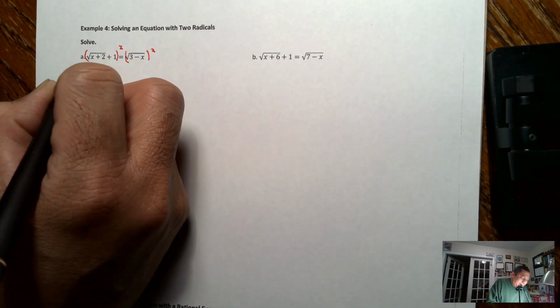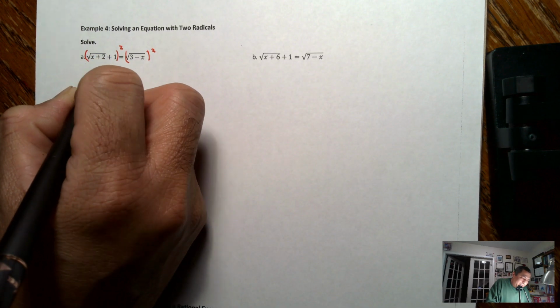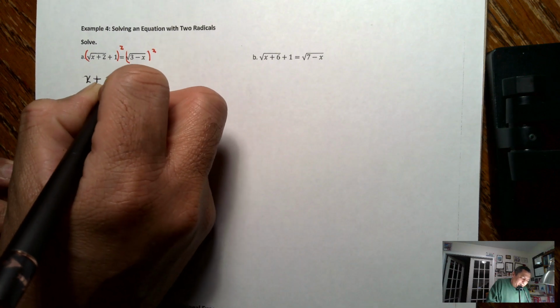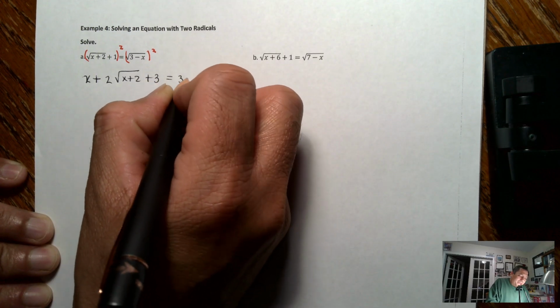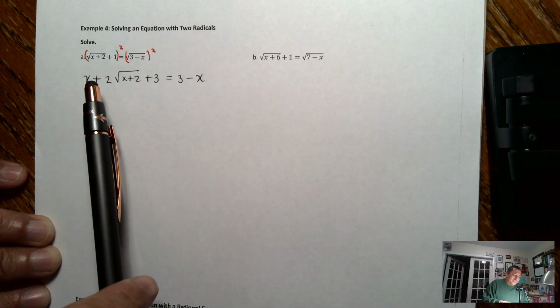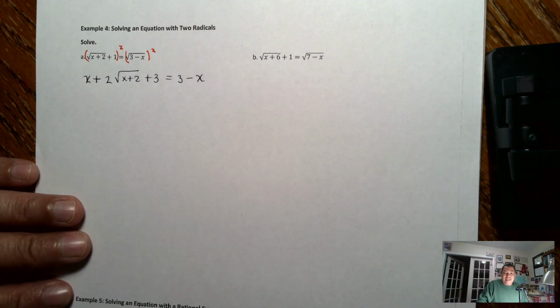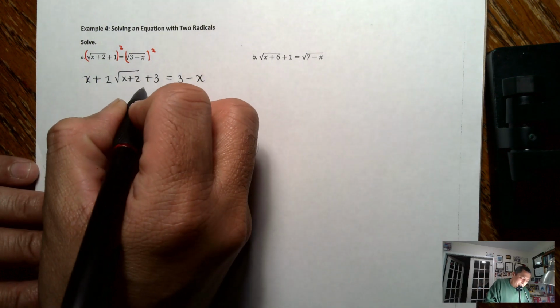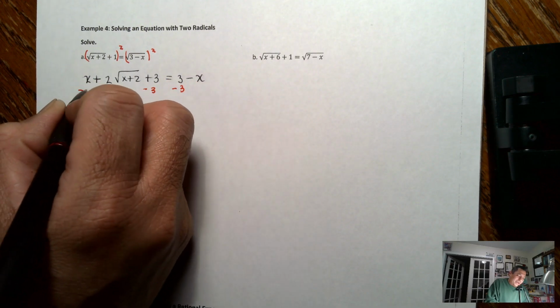Well, if we simplify, we can simplify x plus 2 square root of x plus 2 plus 3 equals 3 minus x. Okay, equals 3 minus x. So now what I'm going to do is move everything to one side and leave the radical alone. So for example, I'm going to do minus 3, then minus x.